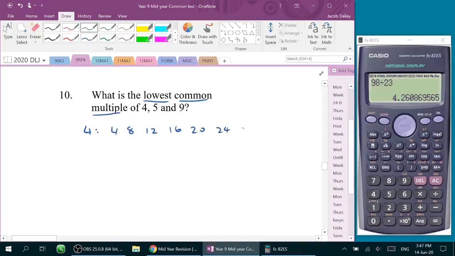So I'm just counting up in 4s. These are the multiples. So multiples of 5, we've got 5, 10, 15, 20. See, there's one that we have in common, but I don't think we'll have it for 9.